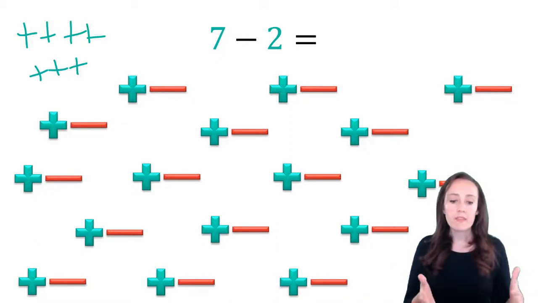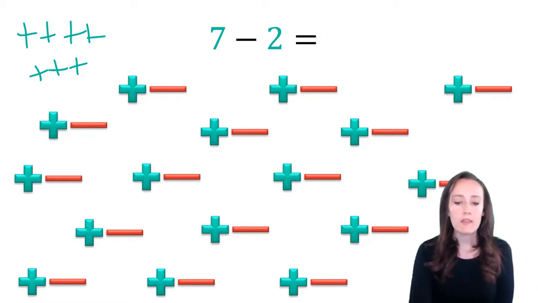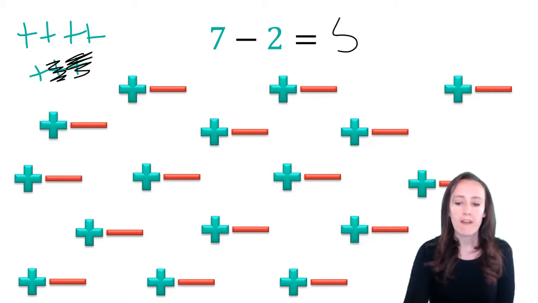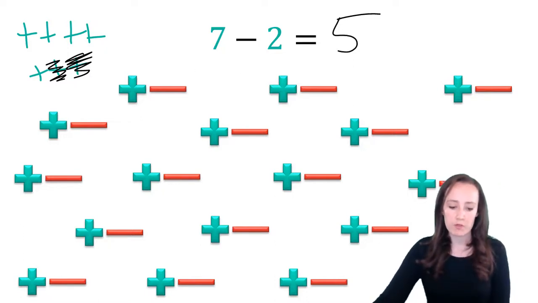So the only thing that counts is what I'm adding in here. So I have a positive 7, and if I take away 2 positives, that means that I'm going to end up with 5 positives when I cancel out those 2 that I subtracted.